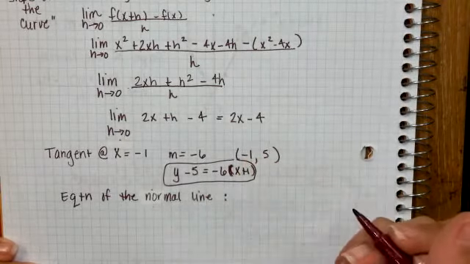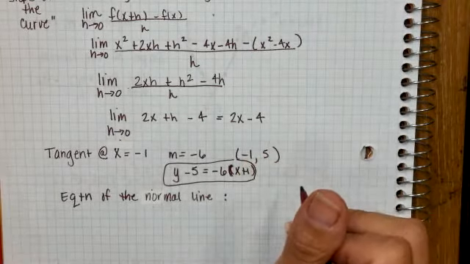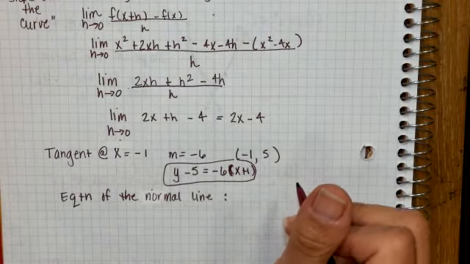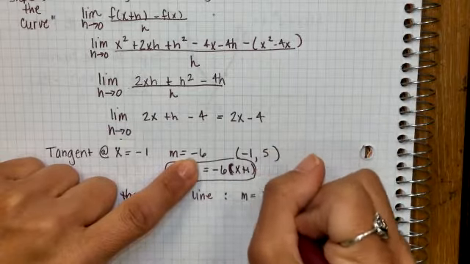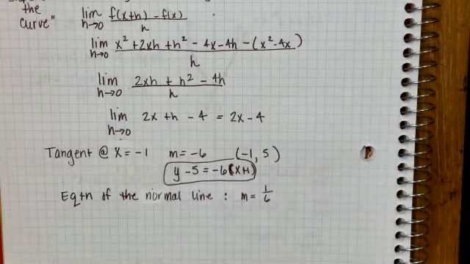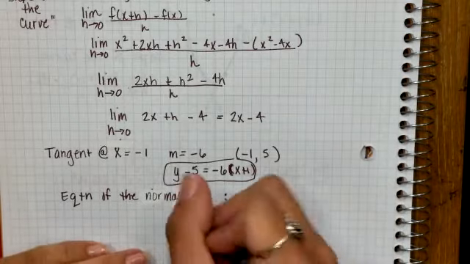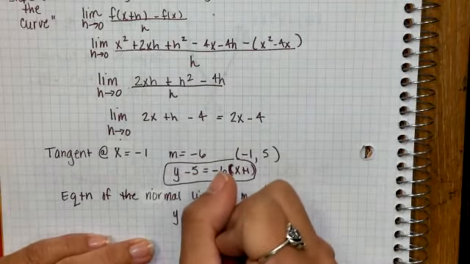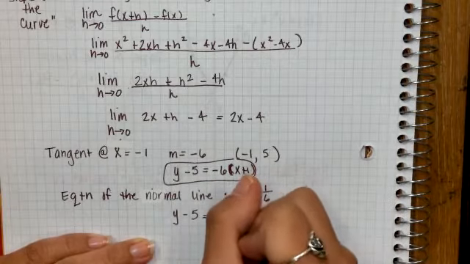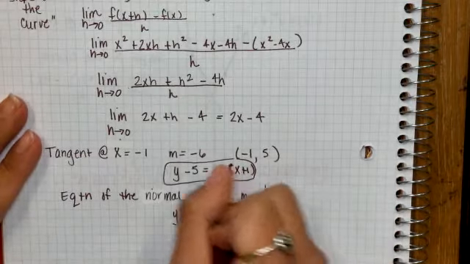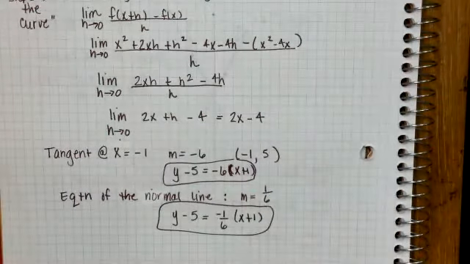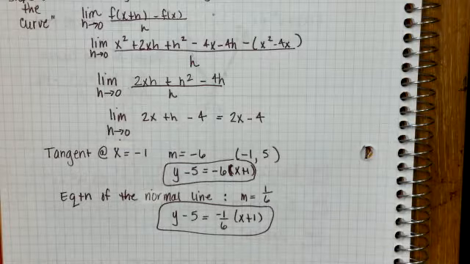So the slope is going to be perpendicular, which is going to make it positive 1/6. Right, opposite reciprocal. And now it still goes through the same point, but it's 1/6 times the quantity x plus 1. It all comes down to f of x plus h minus f of x all over h, being able to simplify, factor, and reduce.